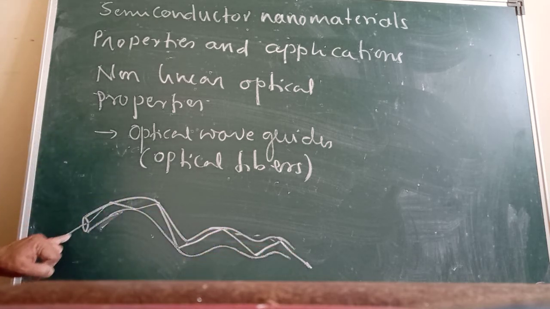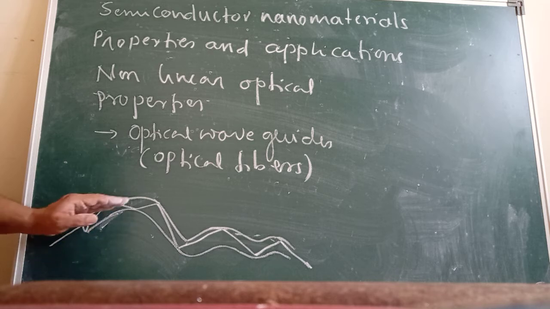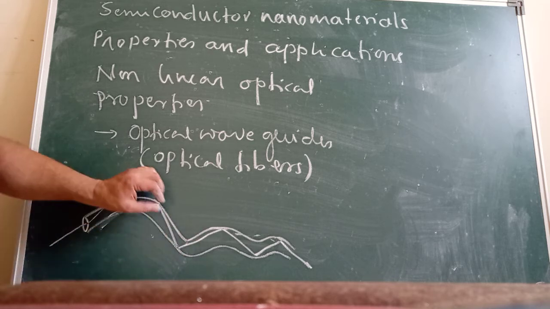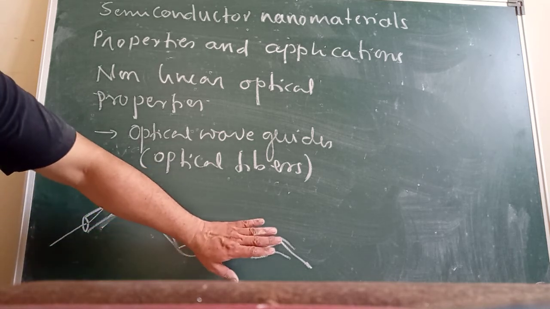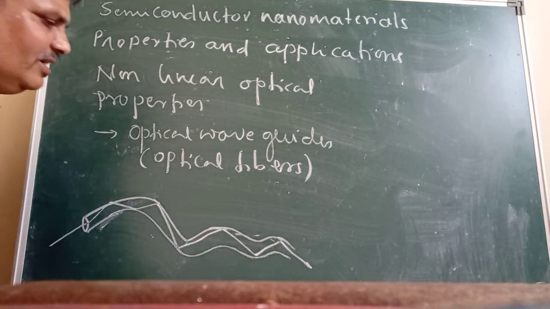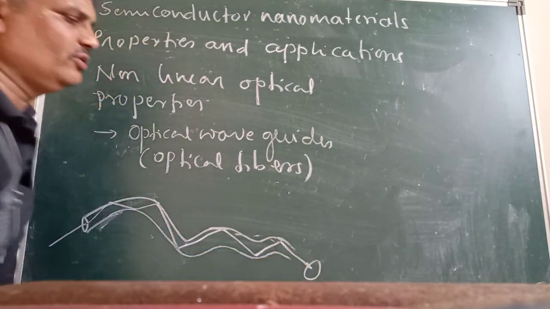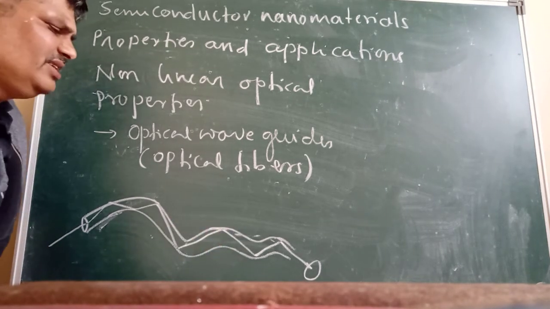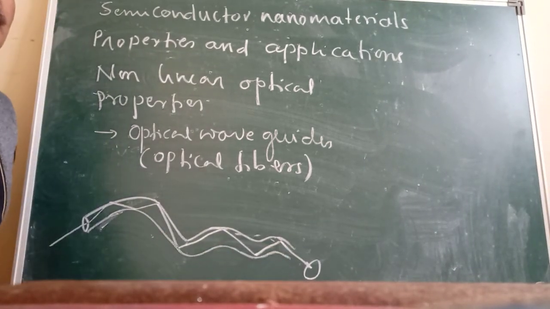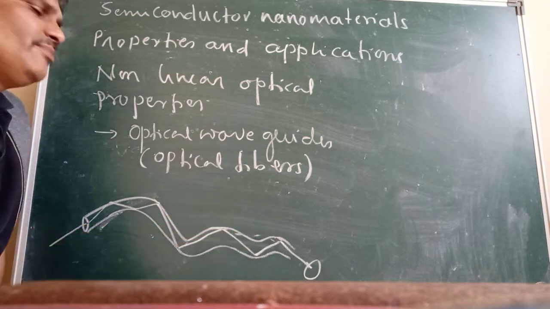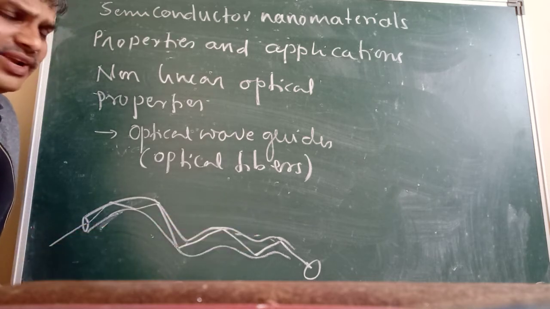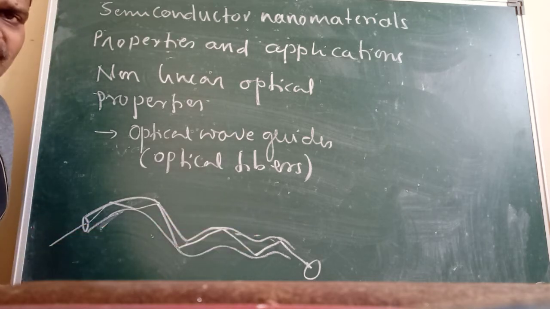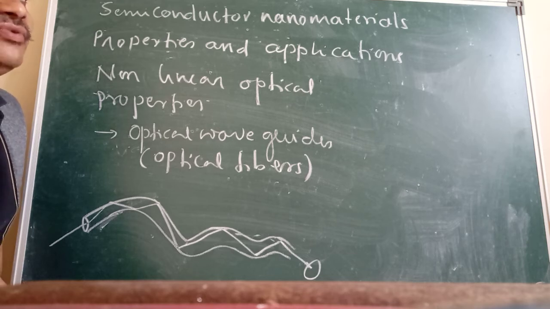When light is guided through this, it suffers a number of losses, and finally it may reach with large attenuation, or energy loss. So it is very important to minimize the energy loss when light comes out. Otherwise, frequent upgradation of the signal is required.